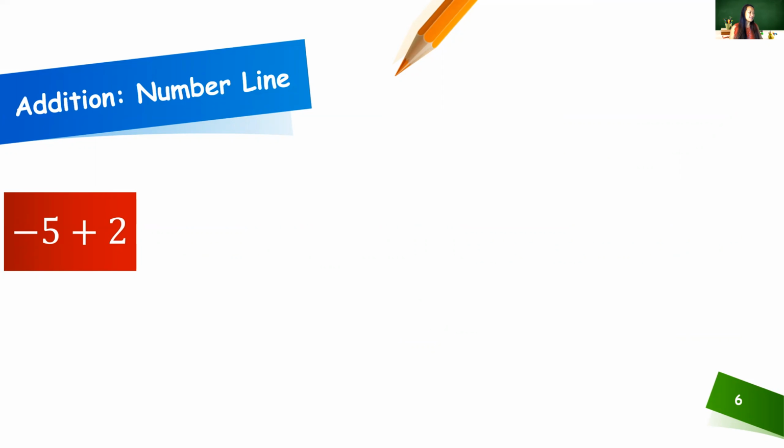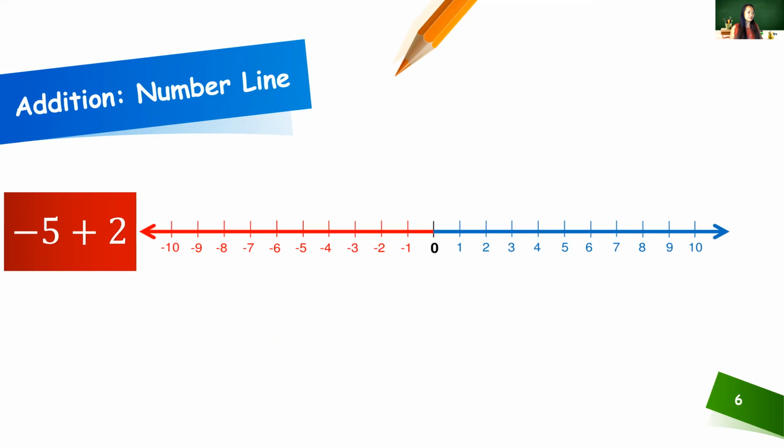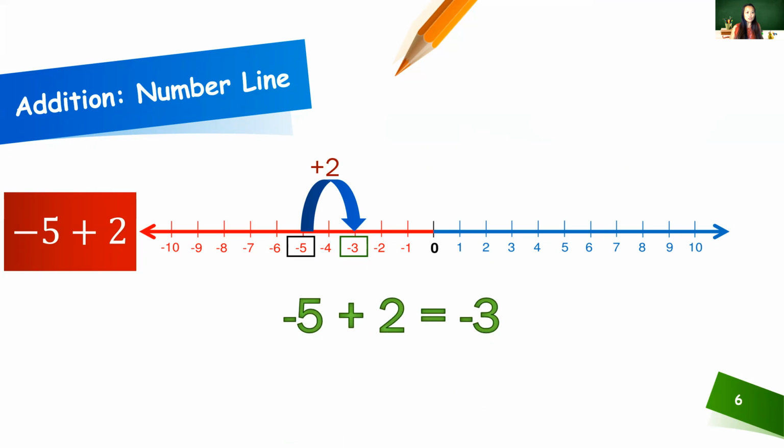Will your result be negative or positive? All right, let's go take a look. -5 plus 2. Locate -5. Adding 2 means to move forward 2 units. You end up at -3. Therefore, -5 plus 2 is -3.